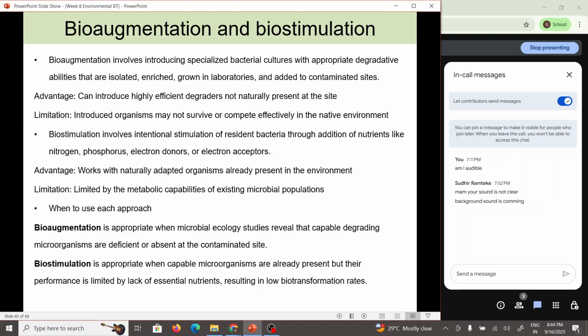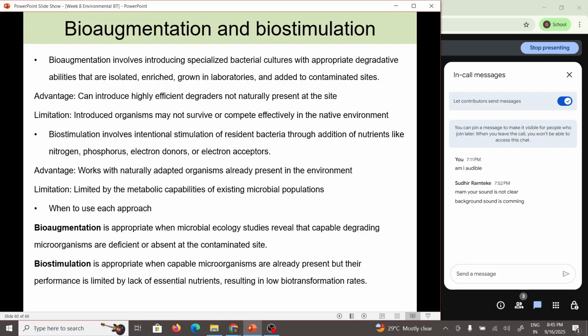In case of bioaugmentation, we are trying to augment, that means adding something for its benefit or positively influencing. As the word suggests, we are introducing specialized bacterial cultures with appropriate degradative abilities that are isolated, enriched, grown in laboratories and added to the contaminated sites.